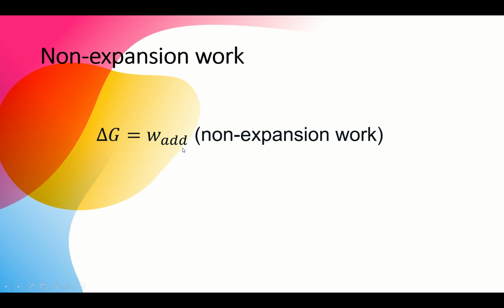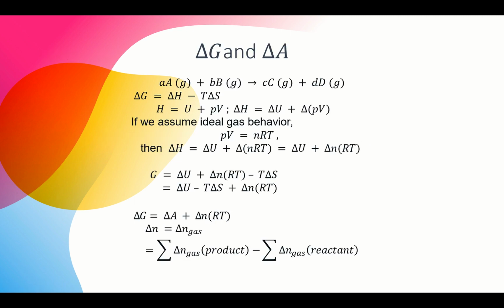So we call this additional work or non-expansion work. And delta G and delta A can also be related via the ideal gas behavior, and ultimately what you get is delta G is equal to delta A plus delta n RT.